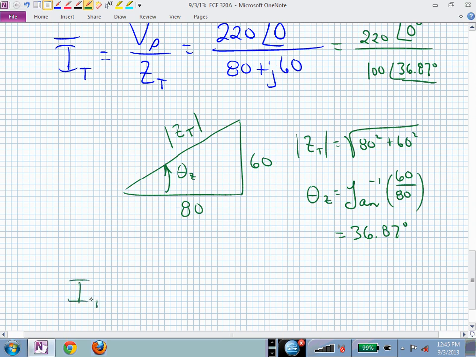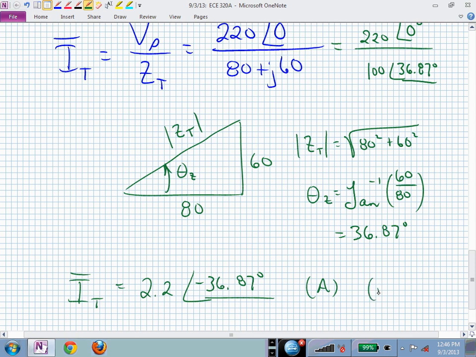I can now compute my I sub t, just dividing 220 by 100. I can maybe even do that, just move my decimal place a couple of places. I now have 2.2, and I can actually subtract 36, or 37, from 0, to get an angle of my current flowing through that network as a minus 36.87 degrees.